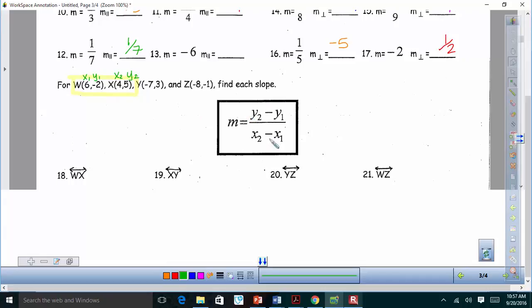Okay, so we're plugging into this formula. So Y2 minus Y1 would be 5 minus a -2. What is minus a -2? Plus. So we put 5 plus 2 over X2 minus X1, so 4 minus 6. So 5 plus 2 is 7. 4 minus 6 is -2. So there's my slope.